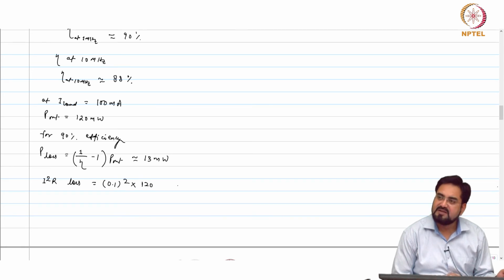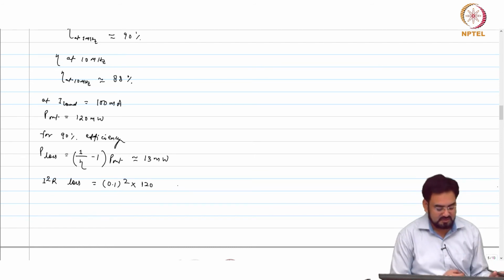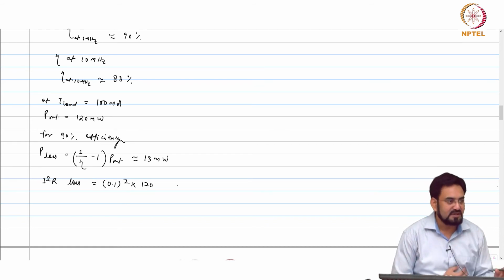Why did we keep 120? Actually, we fixed that. We found that 90% of the loss should be conduction loss. How much was the total loss? 130, yeah? Okay. So 120 we fixed. Correct. So we had budgeted roughly 12 milliwatt for other losses.